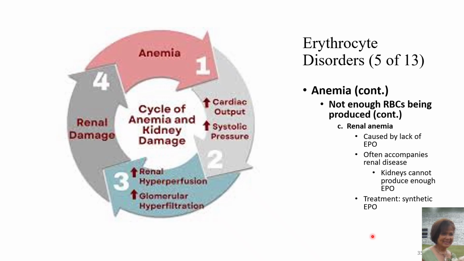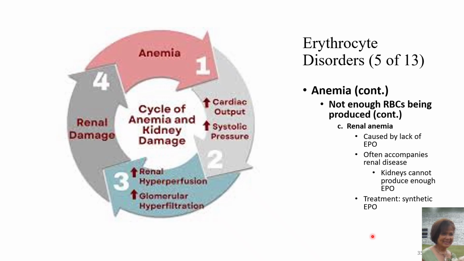So, the next one will be anemia brought about, again, by not enough being produced, which is what you call renal anemia. The problem with not enough red blood cells being produced is always low erythropoietin.